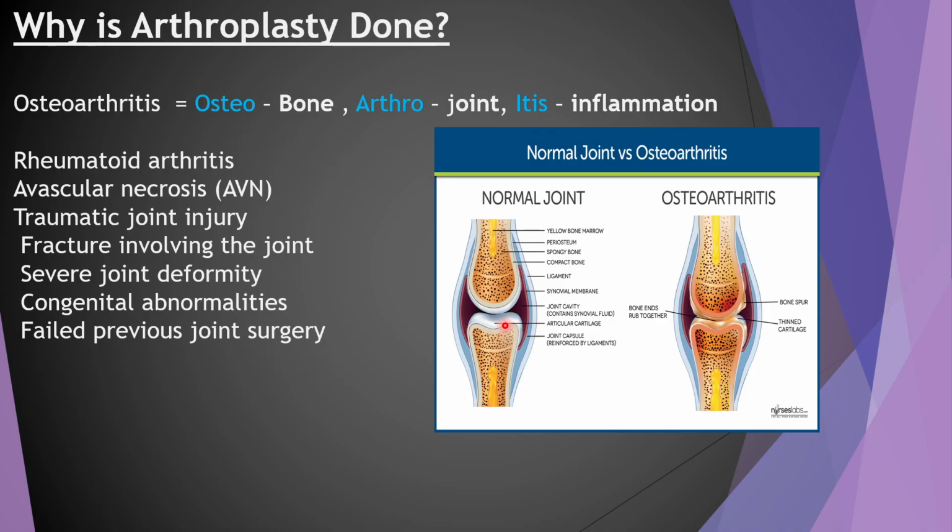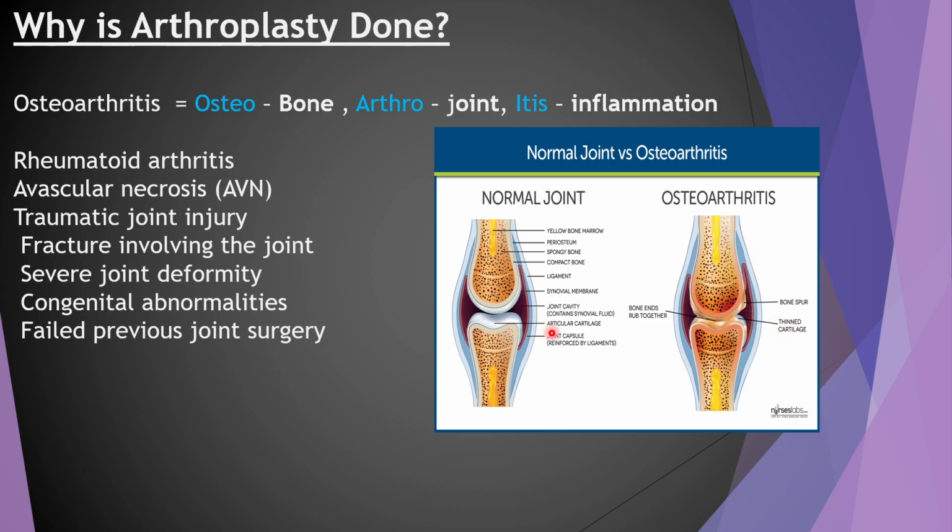Think about what happens if this articular cartilage gets degenerated or thinned. If the articular cartilage gets thinned, then the bone ends rub together, and there is a formation of bone spurs. So what are bone spurs? In different words, it is an osteophyte, which is an abnormal bony projection that develops along the edge of the bone or the joint.